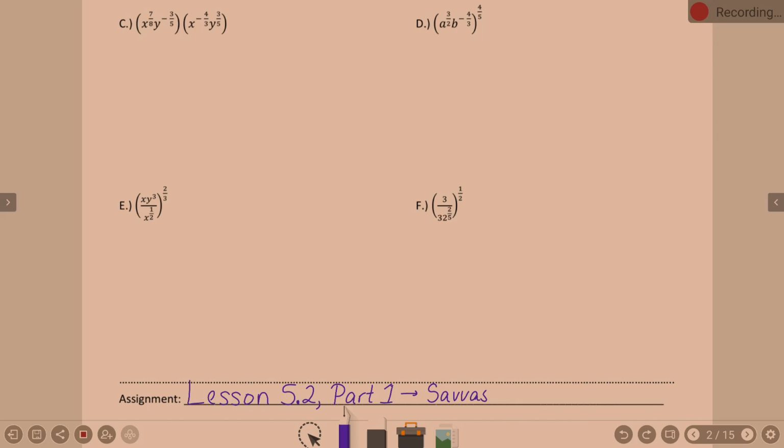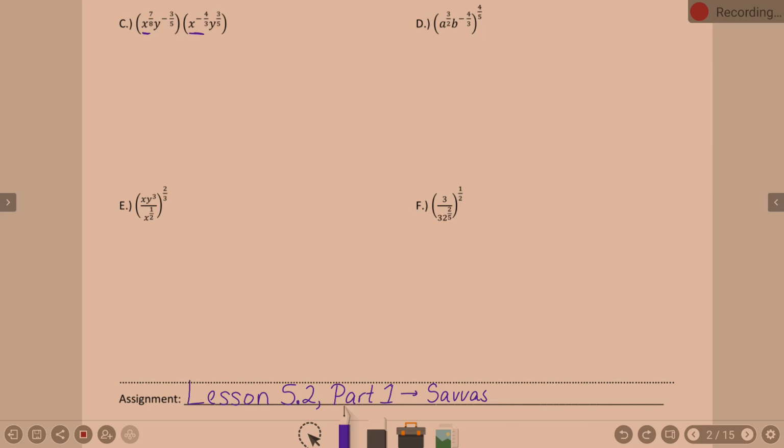So we have x to the 7/8 times x to the negative 4/3. What do we do when we combine those? We're multiplying them. They have like bases. What do we need to do? Because we're going to have to add those fractions, right?